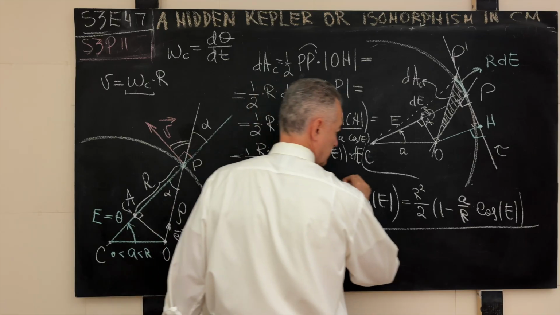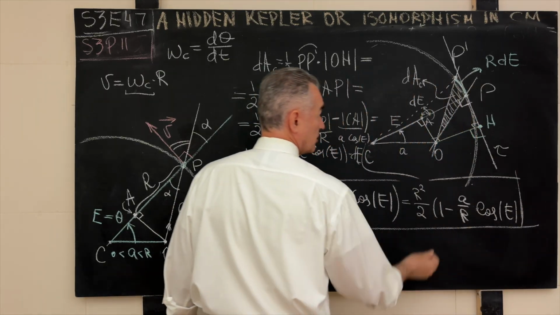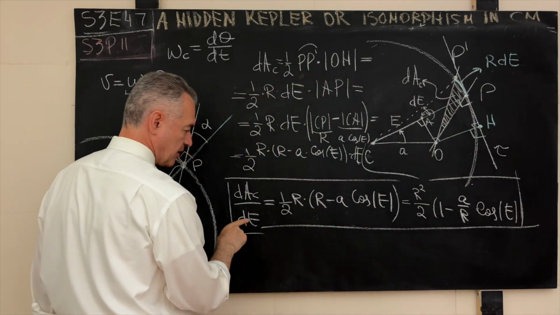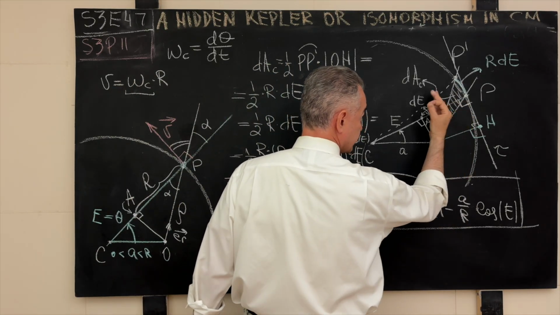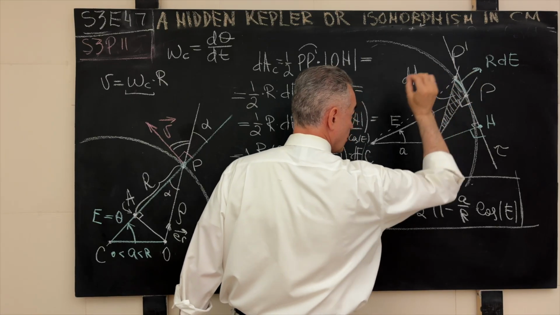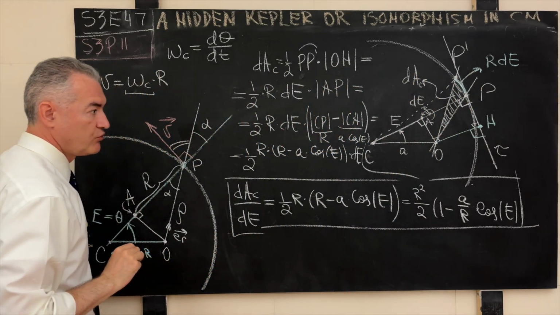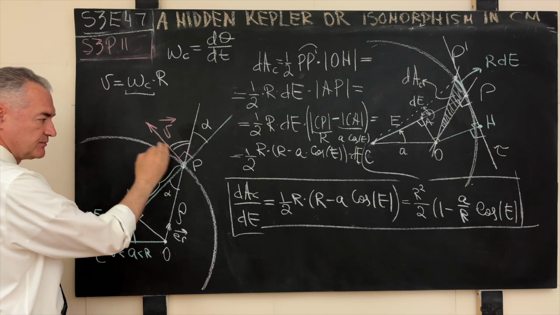This is the area of the circle. Not the circle, the area of the sector that is constructed based on the circular motion of the point P over its circular orbit.